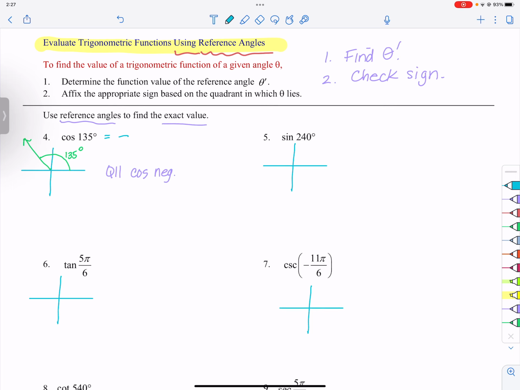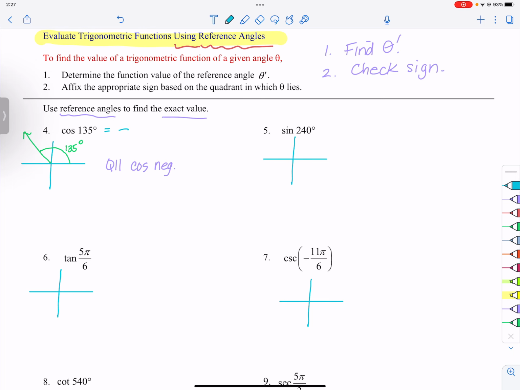So now what are we working with? We want to find that reference angle, which is right here. And in order to find that reference angle, we will take 180 degrees minus 135 degrees, and you can see that theta prime is 45 degrees.